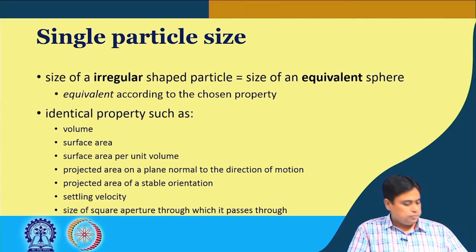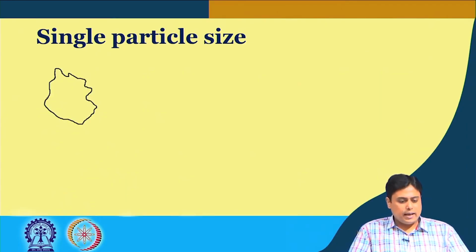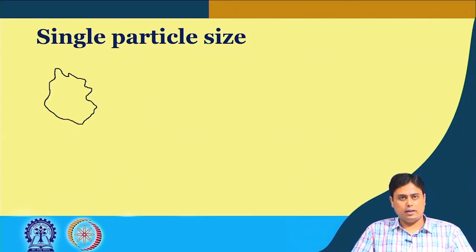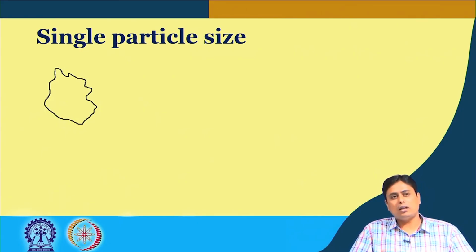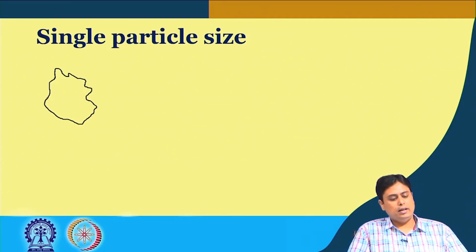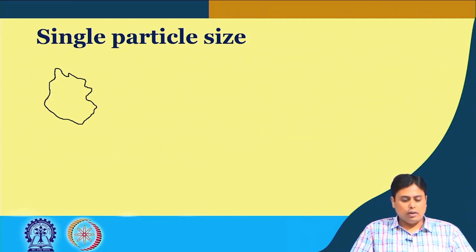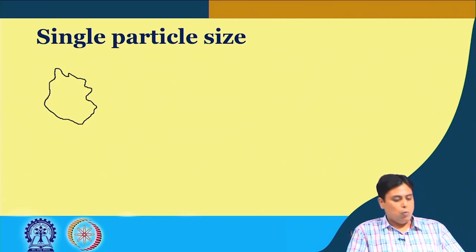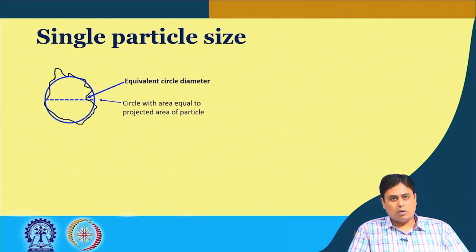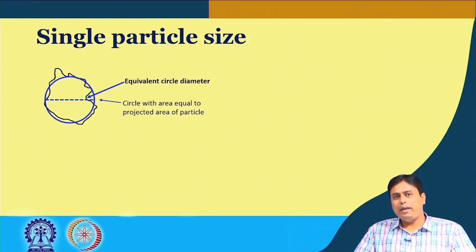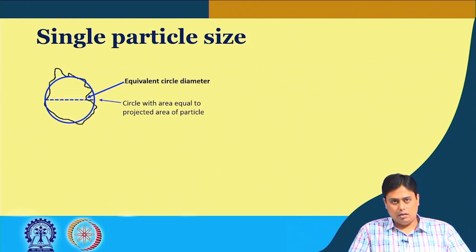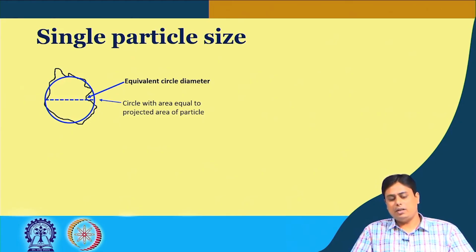So, let us take these irregular shaped particles. Now, what are the common varieties that we can have to define its size? For this irregular shaped particle, one of the possibilities is that we draw an equal area circle that is exactly equal to the projected area of this particle, and then we find out the circle diameter.